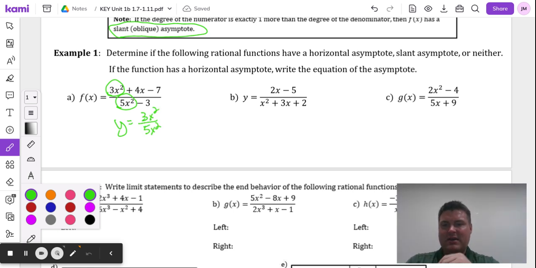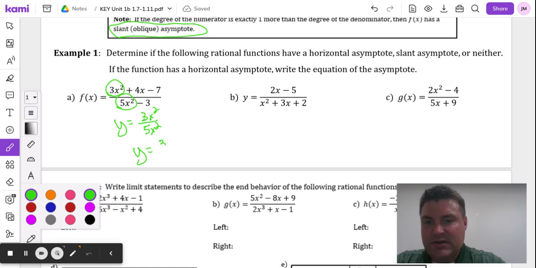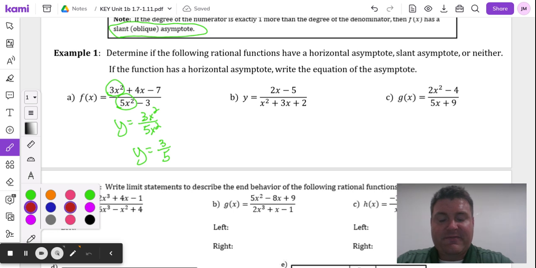The x squareds cancel out, so we're going to have an asymptote of y equals 3 over 5. That's just a way of thinking about how to find these horizontal asymptotes, or really your end behavior, because they could be slant asymptotes.